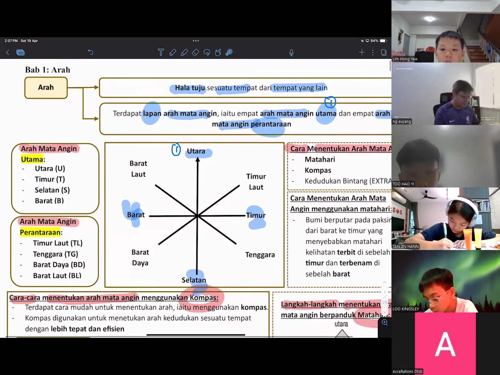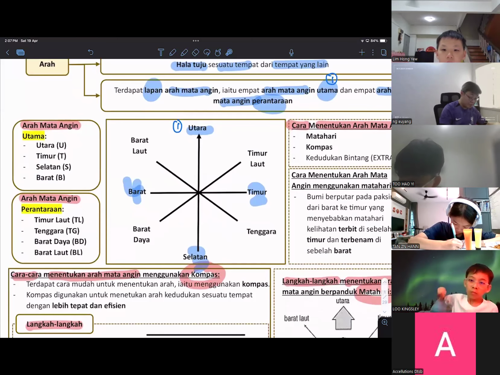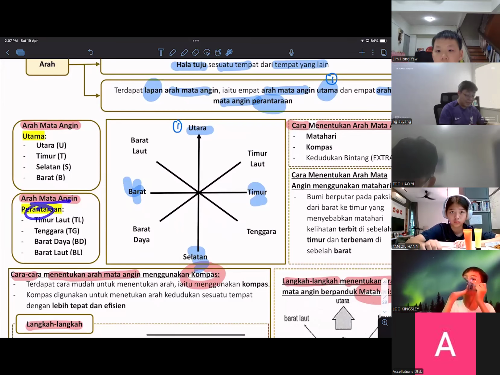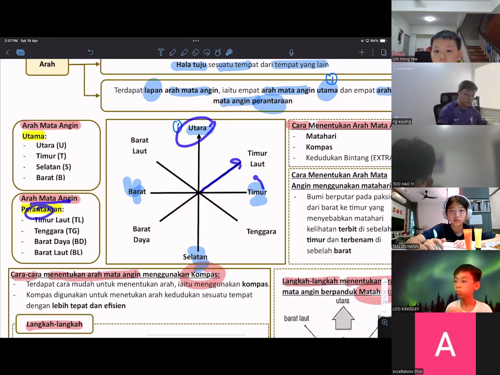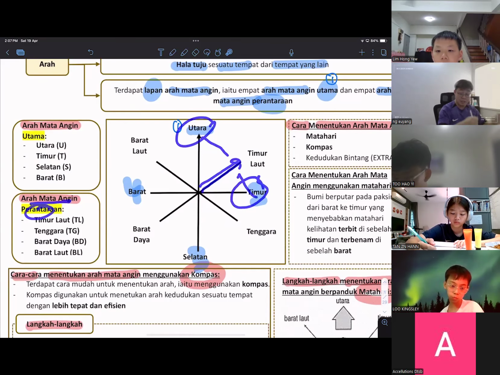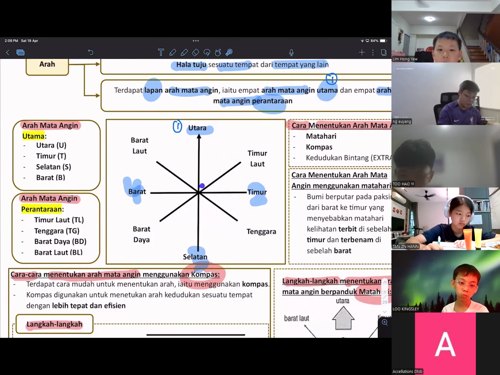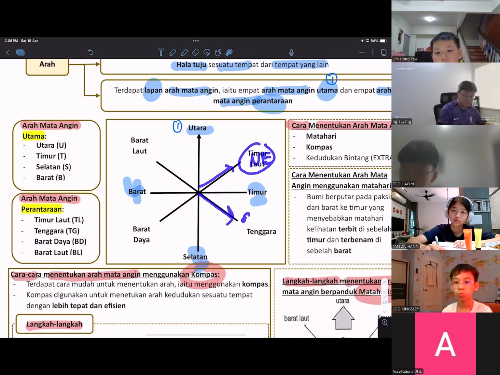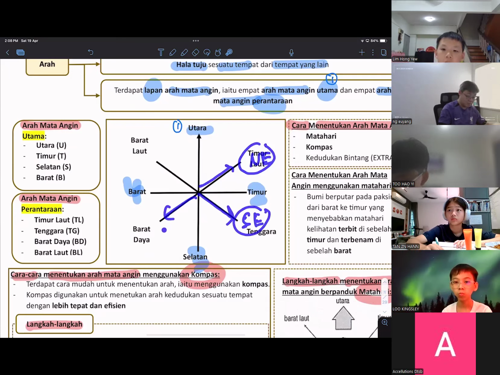This is pretty simple, right? The next category will be arah mata angin perantaran, which is the arah mata angin in between 2 arah mata angin utama. So in between the 2 major arah mata angin will be the northeast. This is for the English term, and this is the southeast. This is the southwest, and this is the northwest.